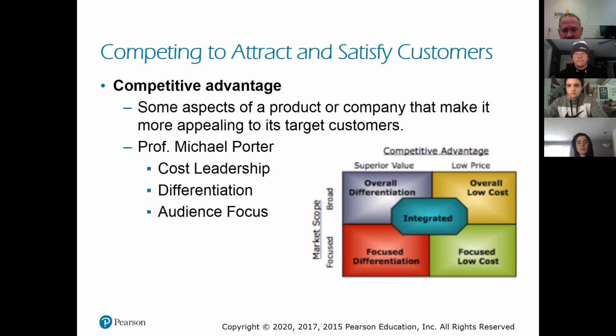And very famous Harvard University professor Michael Porter, who I went to school with as an undergrad, came up with what competitive advantage is all about. And so each company seeks that competitive advantage, and it makes its products more appealing to its target market. And there's 3 things that they can do.